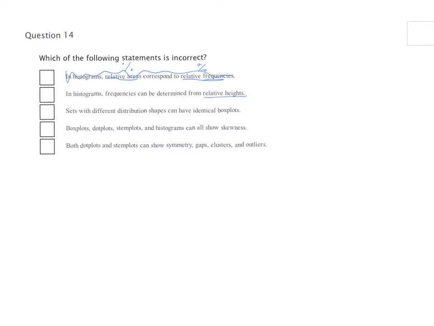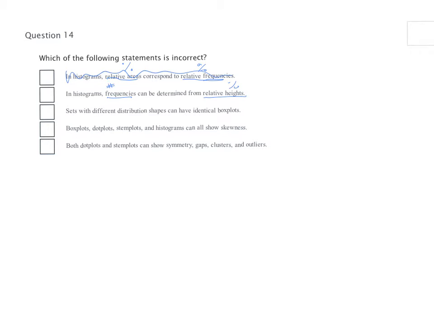No. We're talking about percent, and we're talking about numbers of how many times that happened. So that's not going to help us. I'm not going to be able to work backwards to find my numbers of frequencies from their relative heights. So that's incorrect, but I just want to go through the rest of them to make sure.